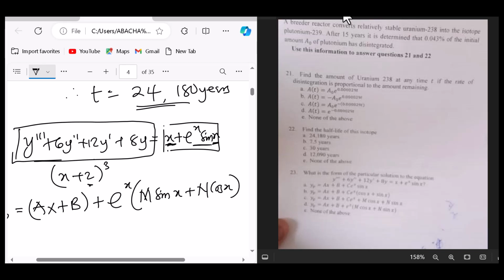Okay. So based on those answers, I think that will be B. Yeah, that will be B, because this and this can all be turned into one constant multiplying them.